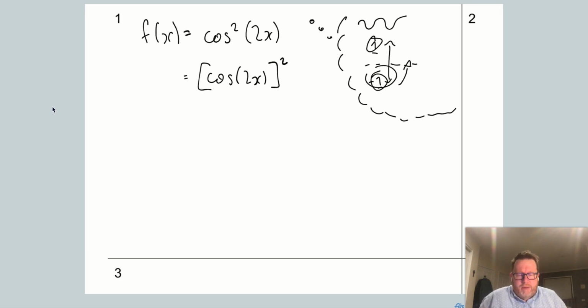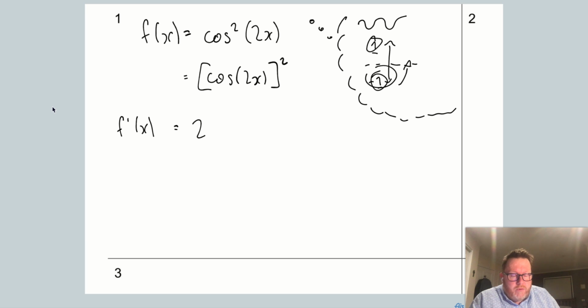Okay, let's use a little bit of derivative work, though. Let's go with f dash of x to start with, because this will give me my extrema. So I will find the derivative of cos of 2x all squared. I'm going to use the chain rule for that, so it's a double chain rule. The inside function is 2x, and the derivative of 2x is 2.